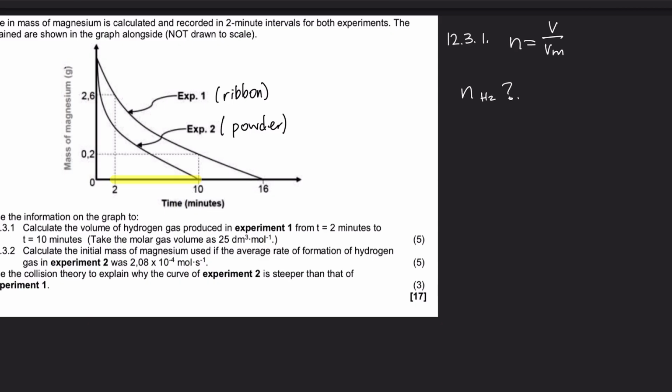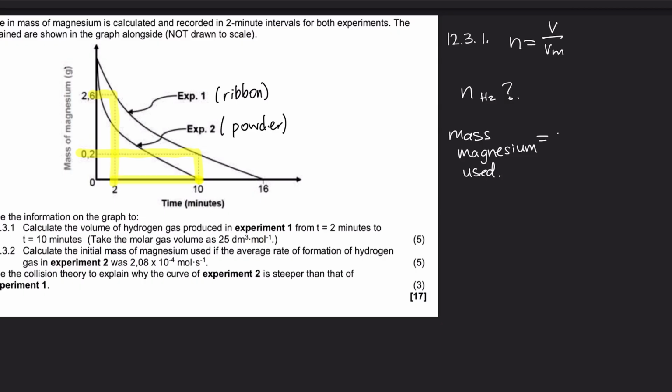So let's check this. At 10 minutes, there was 0.2 grams of magnesium, and at 2 minutes, there was 2.6 grams of magnesium. So we can calculate the mass of magnesium that was used.